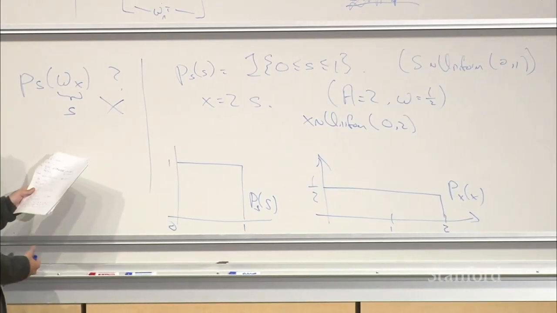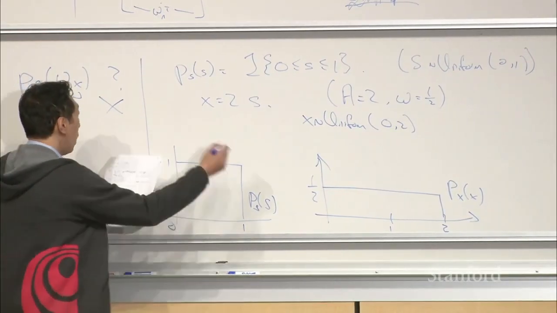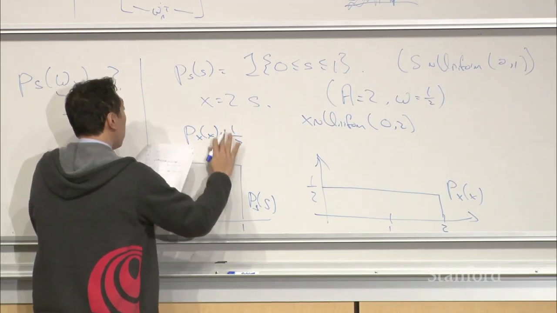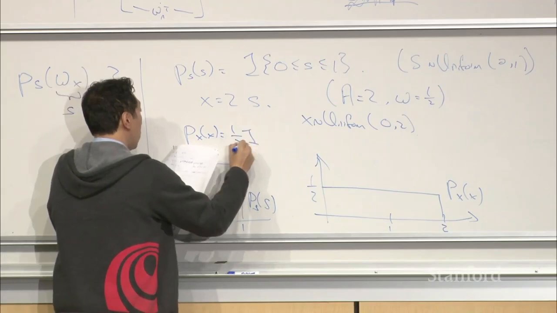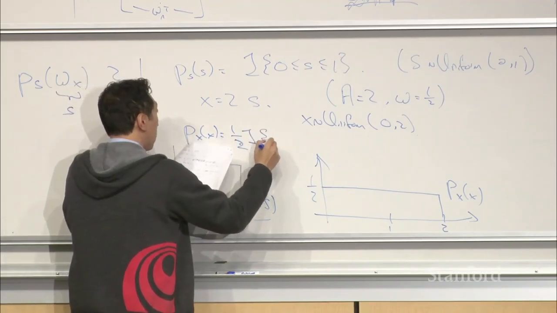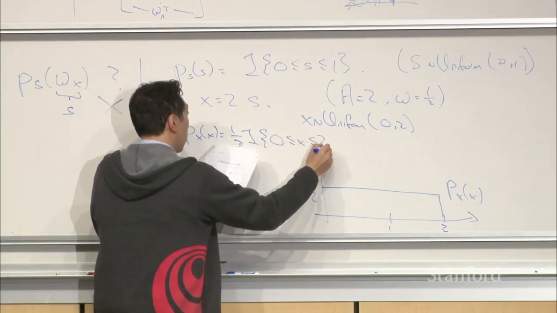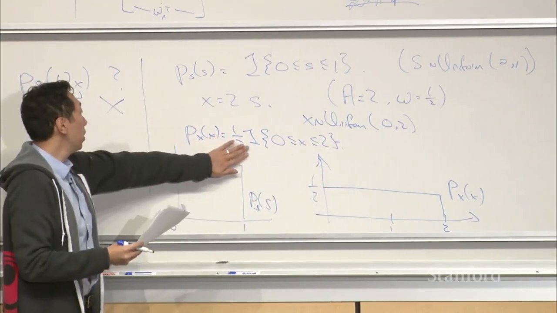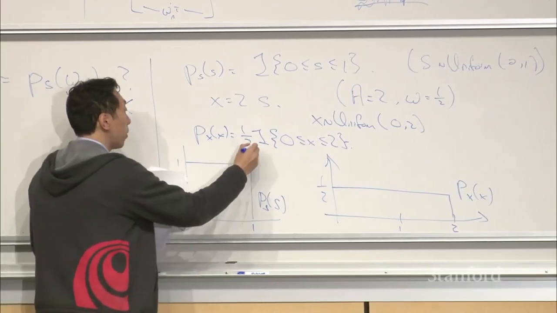And so the correct formula is p of x equals 1/2 times the indicator 0 less than or equal to x less than or equal to 2.